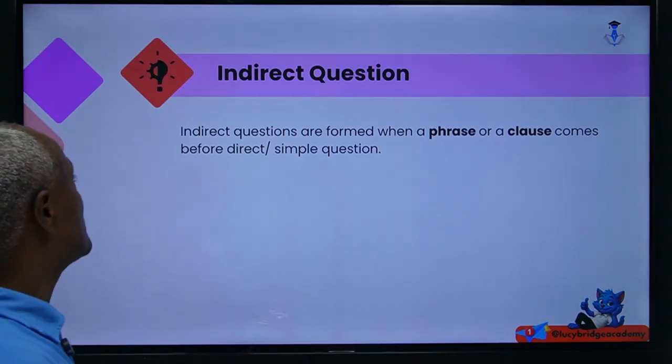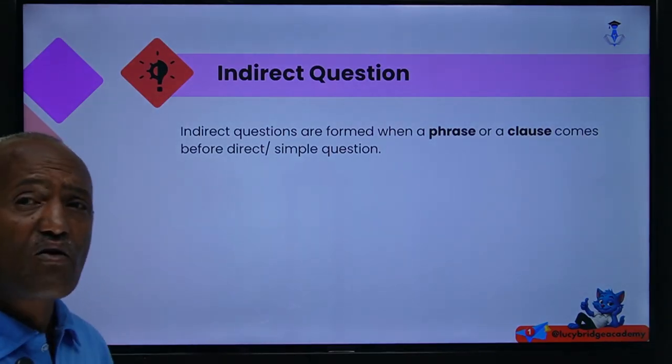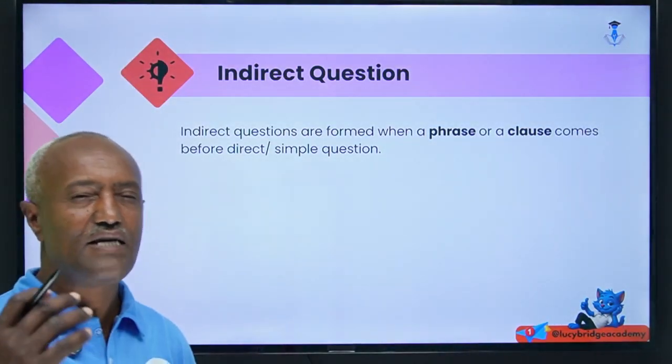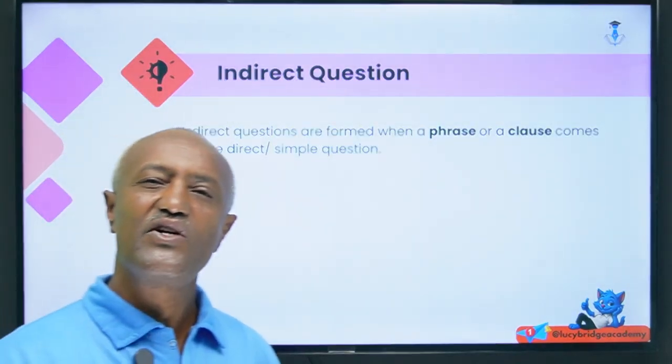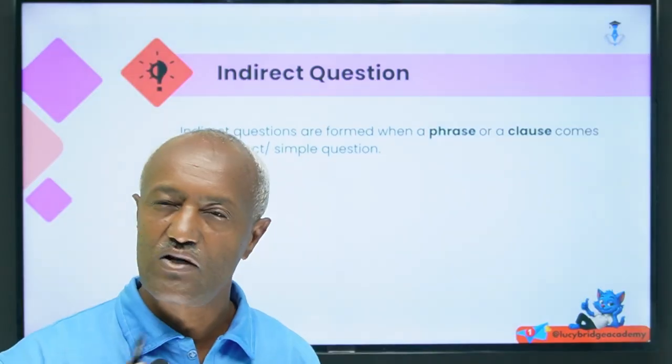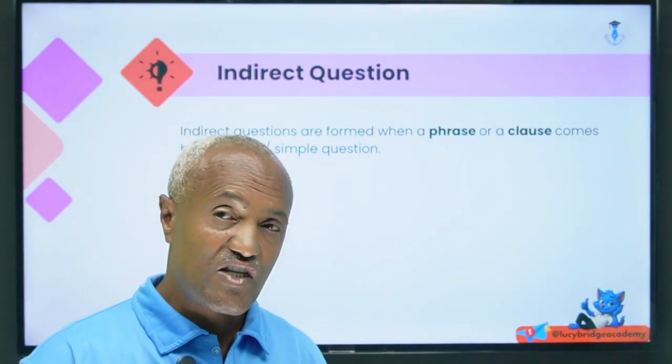So after we said this one, we come to indirect question. Let me tell you in a very simple way. Now, I hope you are very familiar with simple or direct questions. Already we touched that one.